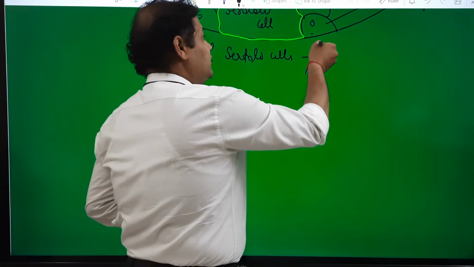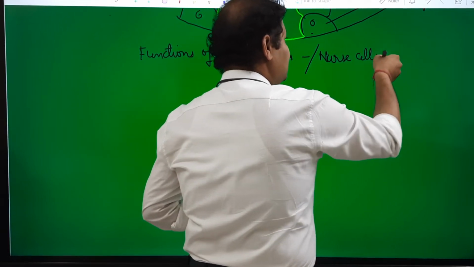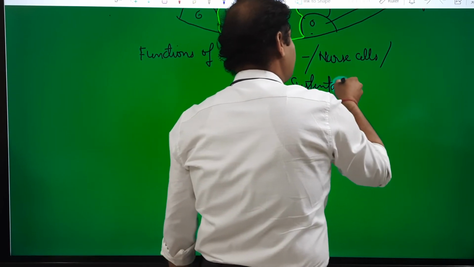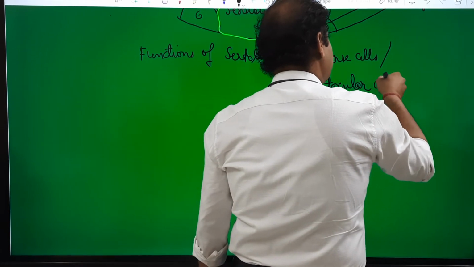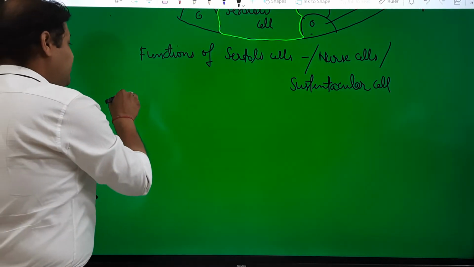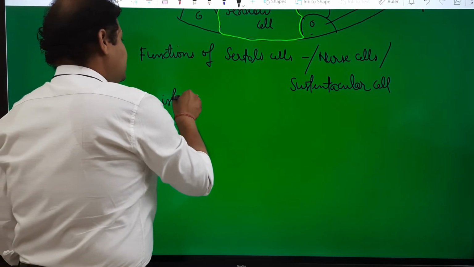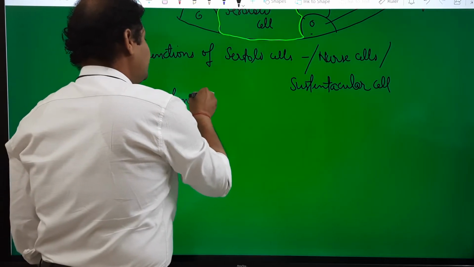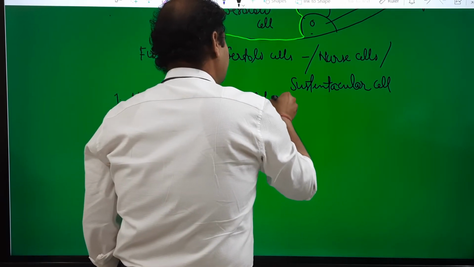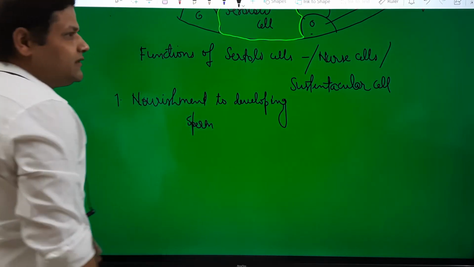So they are also called nurse cells, and also called sustentacular cells. Some other functions are also important.